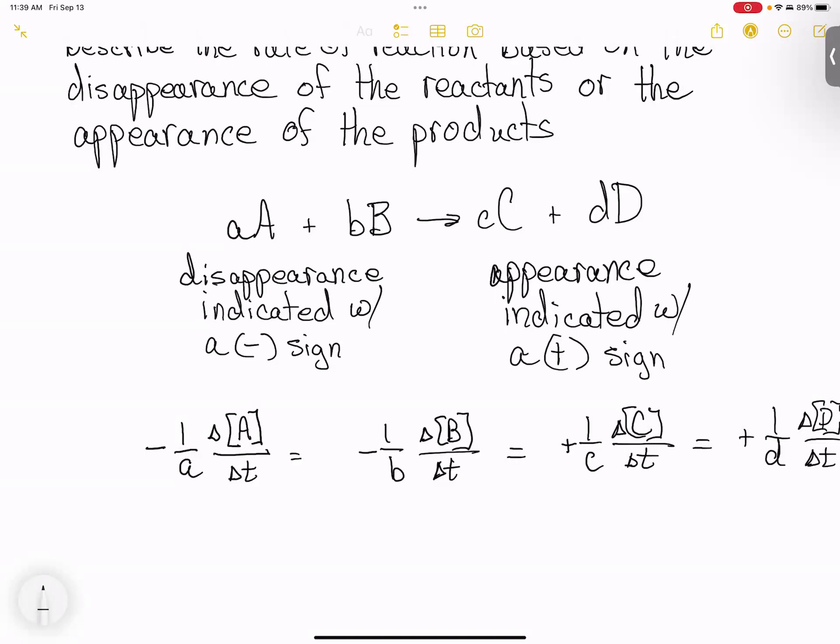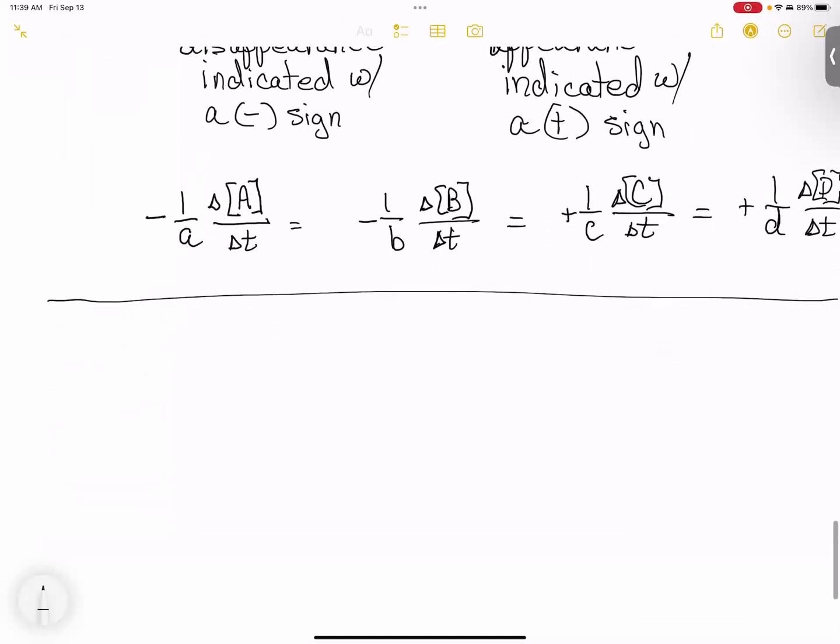Let's look at an example problem. 2 N2O gas reacts to give 2 N2 gas plus O2 gas.